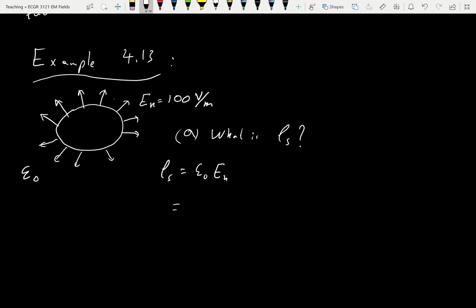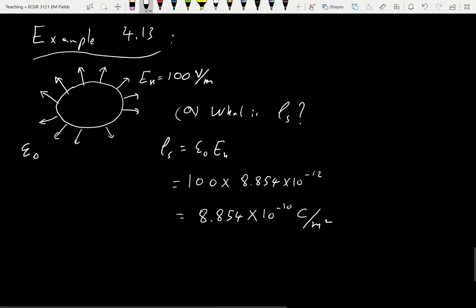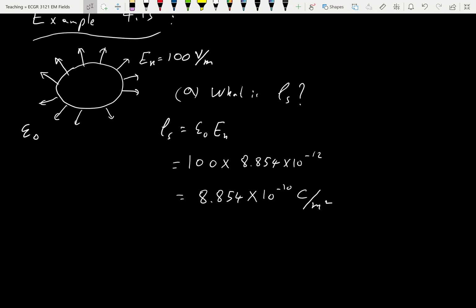Pretty simple. That equals 100 times 8.854 times 10 to the power minus 12. That's 8.854 times 10 to the minus 10 coulomb per meter squared. Right? So that's part A, pretty simple. Part B.